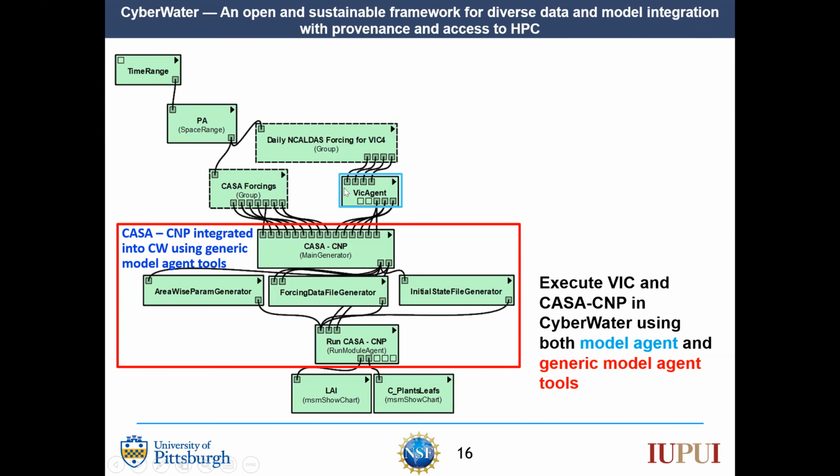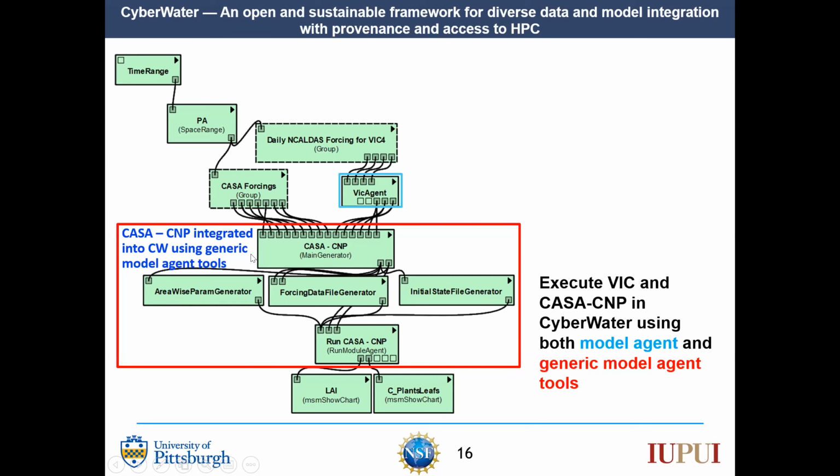In this case, this example shows that we have the VIC model coupled with a CASA CMP model. And the VIC model is using the model agent approach, while the CASA model is using the generic model agent tool approach. So in this case, you have to construct your CASA model agent, and your constructed CASA model agent is shown in this red box.